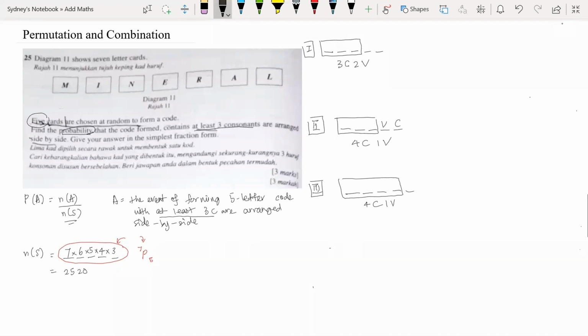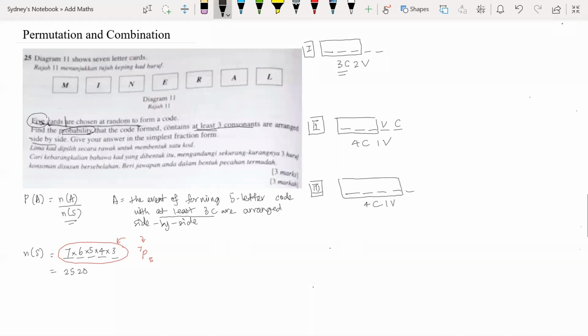In the previous video, the method we used was to select first, choose first, form a group, and then from that group we permute. There is another way whereby we can straight away use the permutation.